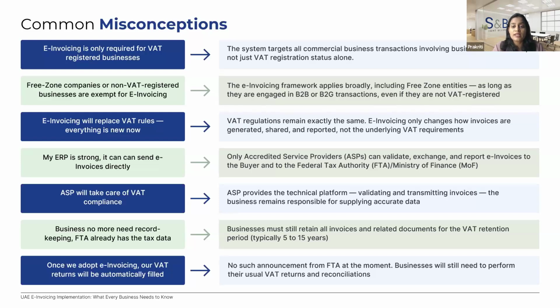It will help you to validate, exchange, and transmit the invoices, take them to the buyer's end, and also take the tax data to the federal tax authority, where they will have records of all your taxable items, whether it's 5%, 0%, how you are treating them. And they will be able to eventually reconcile and pick audits from those records as well.